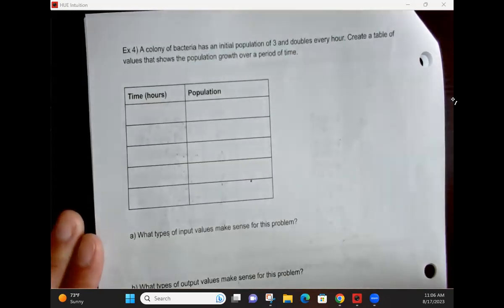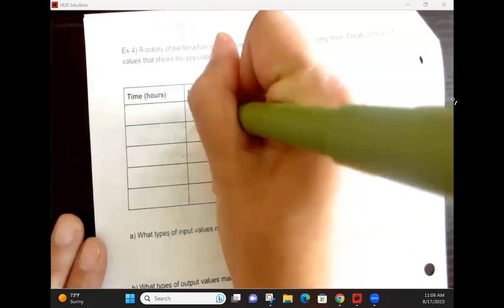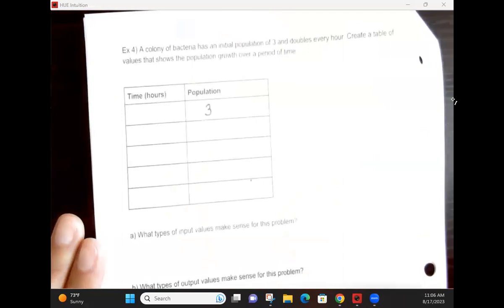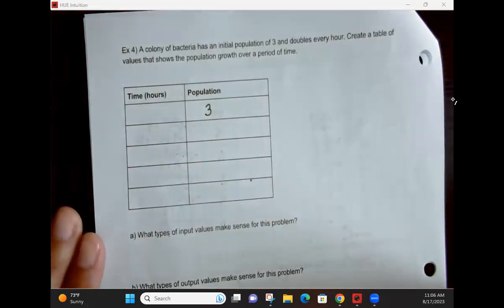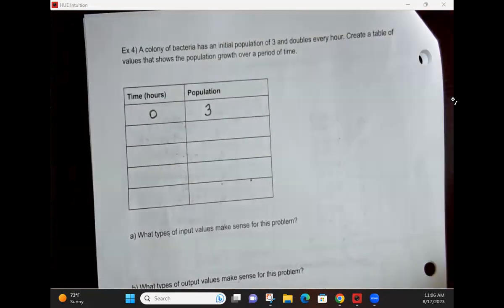Okay, we're going to decide that on our own. I know that my population starts at 3, so it's probably a good idea to start my population at 3 in my table. What would be the time that I would write to correspond with that? 0, very good. And now it tells me that our population doubles every hour.